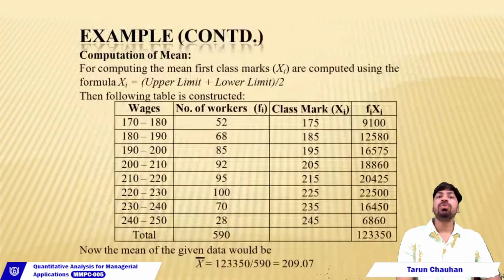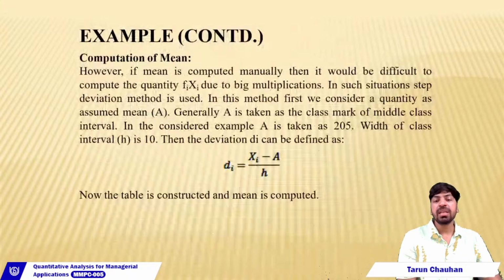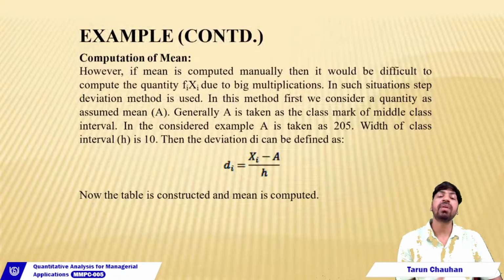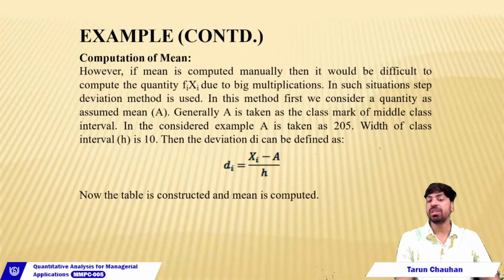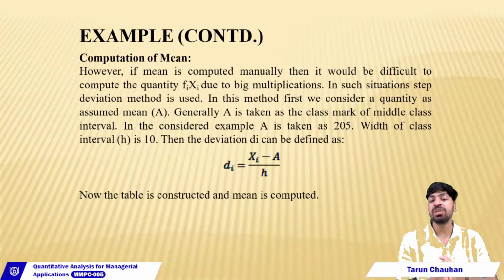So to calculate the mean, there is another method where big multiplications are there, and then it is compulsory to use the step deviation method. The main purpose under the step deviation method is to calculate d in case of continuous series, that is x minus a by h.